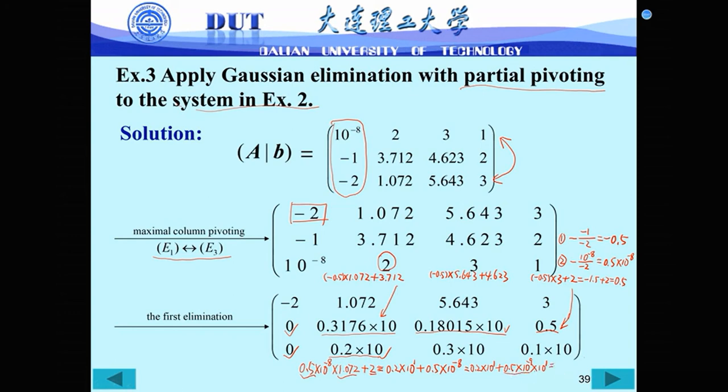What happens? 10 to minus 9 means we move the decimal to the left by 9 digits. So that means 1, 2, 3, 4, 5, 6, 7, 8, 9. Okay, 5.